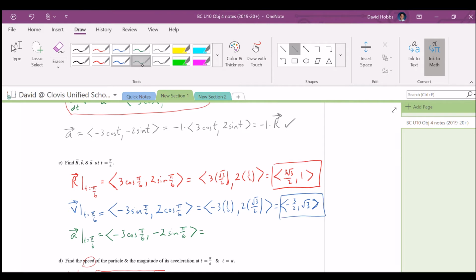And finally, we have negative 3 times root 3 over 2, comma negative 2 times 1/2, which is negative 3 root 3 over 2, comma negative 1.